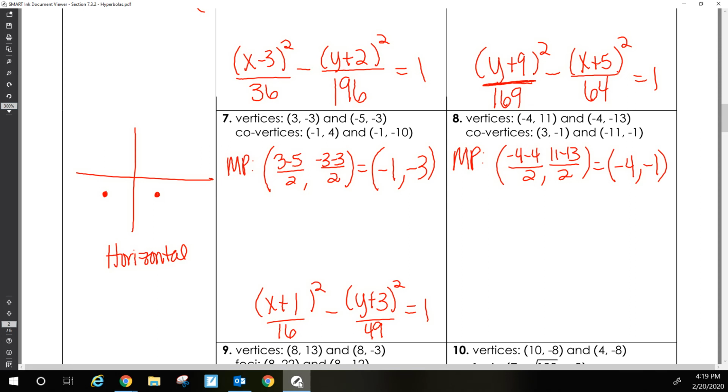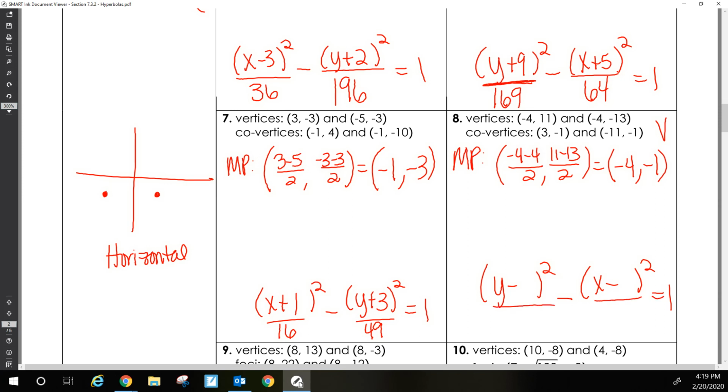All right, if our vertices are at -4, 11, and -4, -13, these are my vertices, so we're going to be opening vertically. So this is a vertical. If we have a vertical hyperbola, which variable is going to come first? The y. So I got y squared minus x squared, always equal to 1.